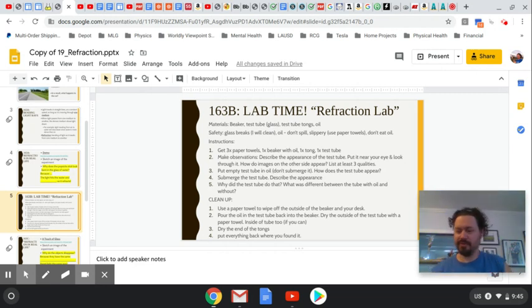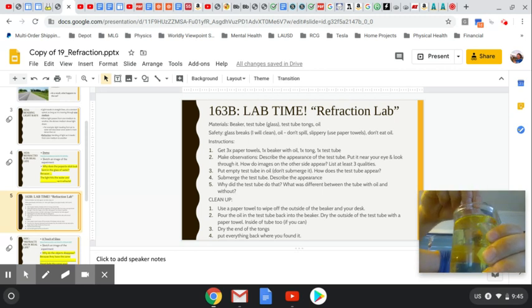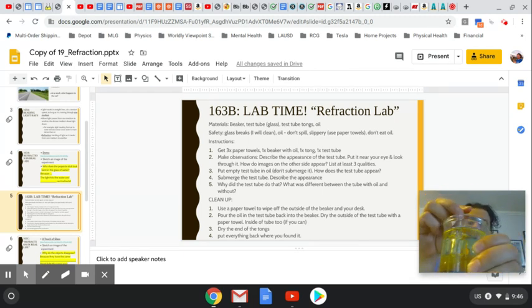But that's not what we're here to look at today. So let's take a look at putting this in here. Can you see it? You can, right? Do you know why you can see it? What's inside the test tube? Air. And that air is a different density than the Pyrex, and it's also different from the oil. And so the light going through here goes through transitions and bends.